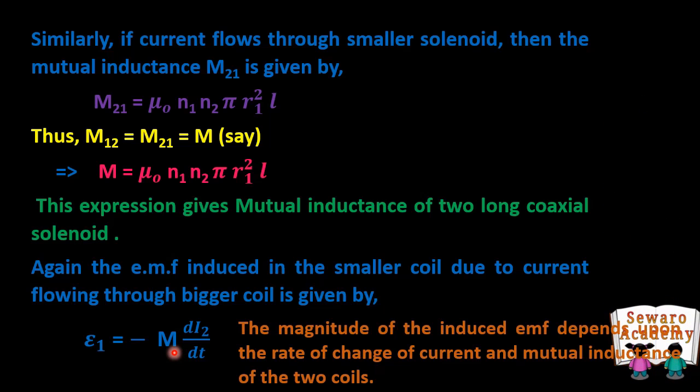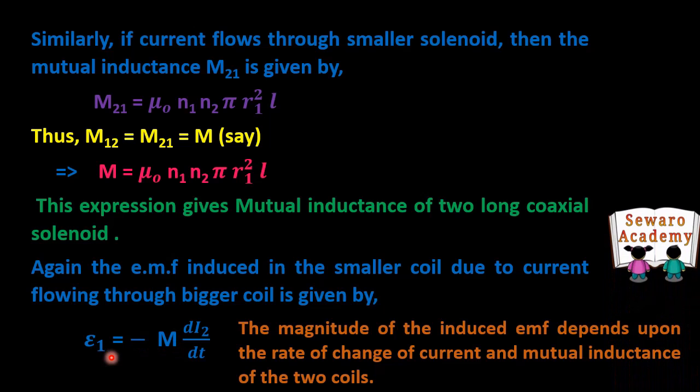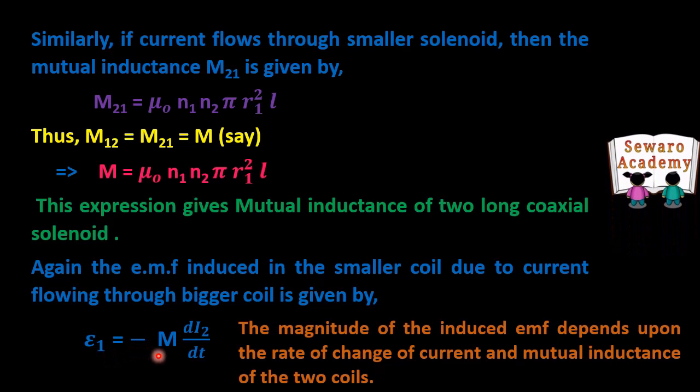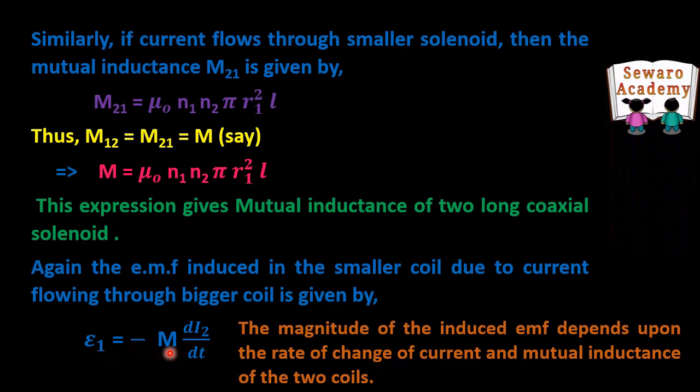The magnitude of the EMF induced depends upon the rate of change of current and the mutual inductance of the two coils. In this case, how much EMF will be induced in the smaller coil is fully dependent on the rate of change of current in the outer coil and also the mutual inductance.